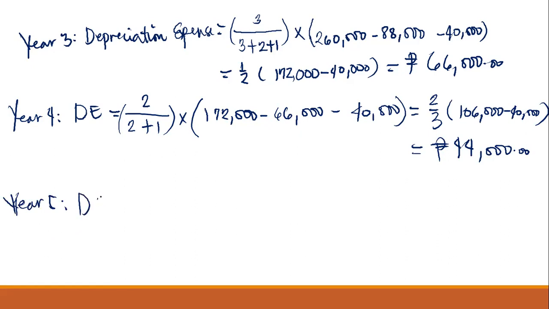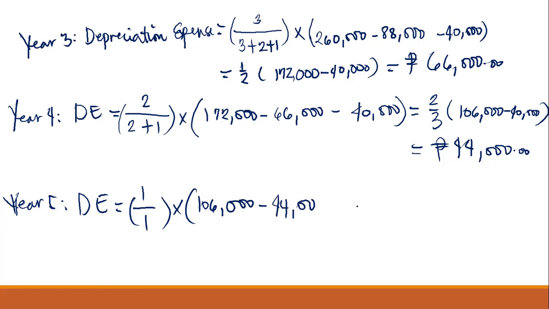For the depreciation expense, the remaining life is 1 over the sum of years, which is 1 times 106,000 minus the 44,000 depreciation expense on the fourth year, minus the scrap value or residual value.